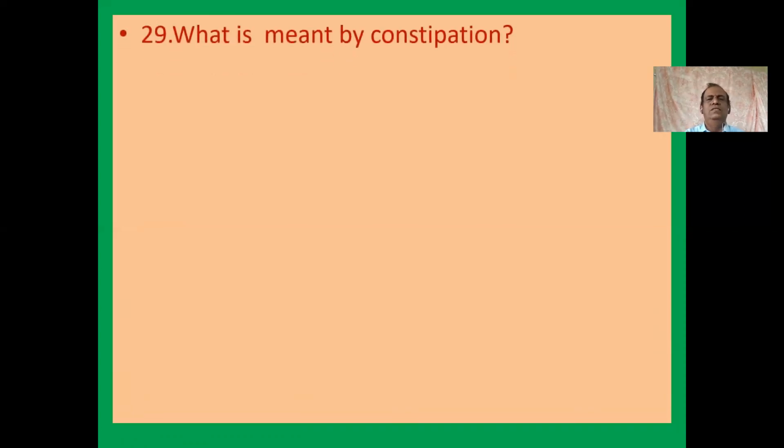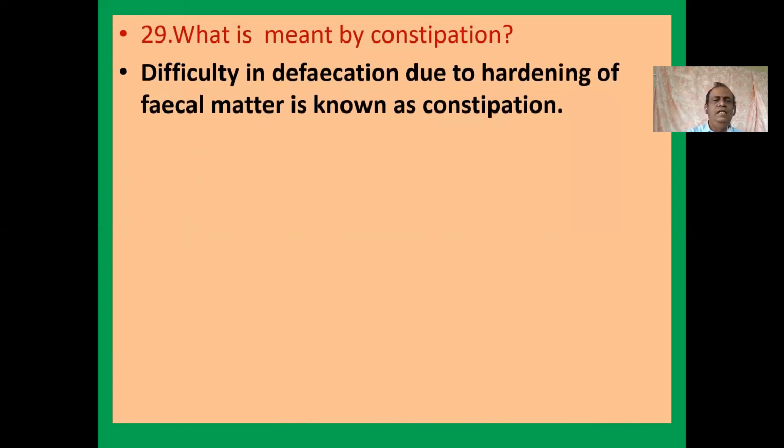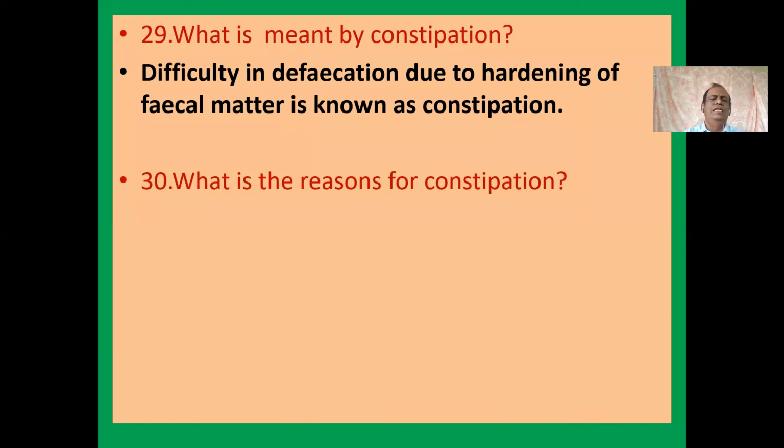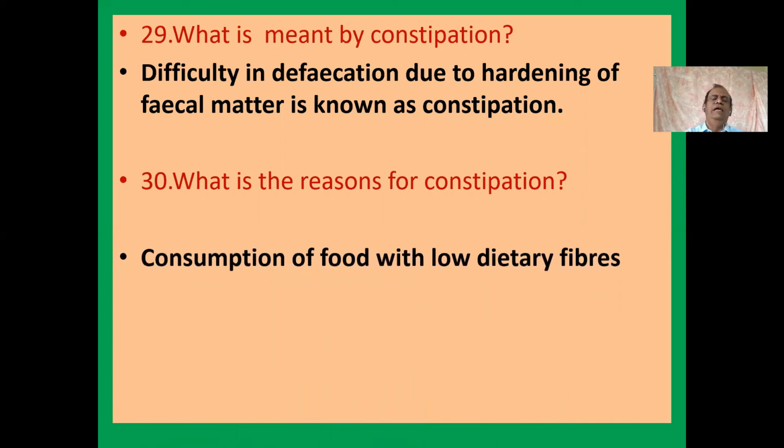Another is, what is meant by constipation? Difficulty in defecation due to hardening of fecal matter is known as constipation. What is the reason for constipation? Consumption of food with low dietary fibers.